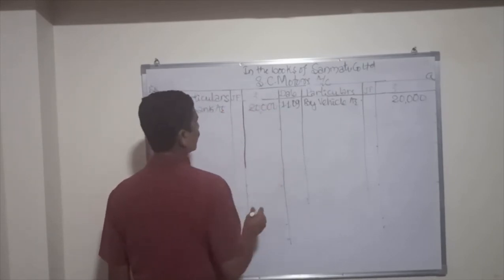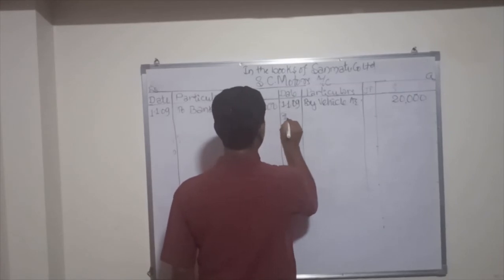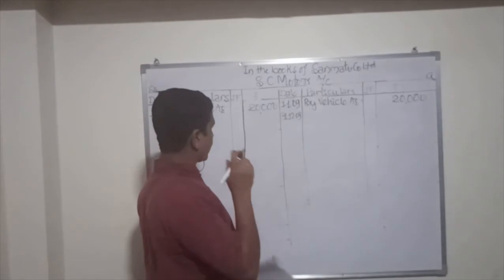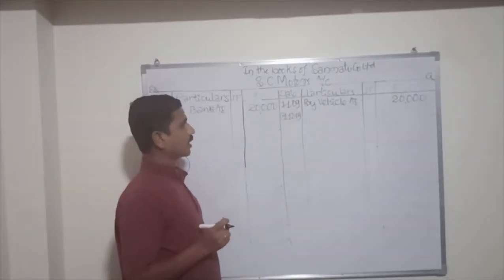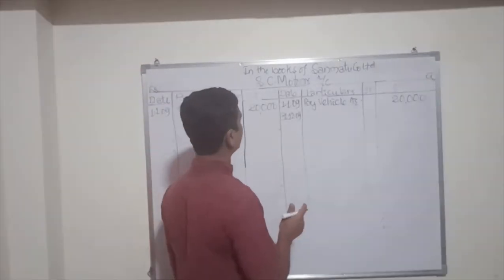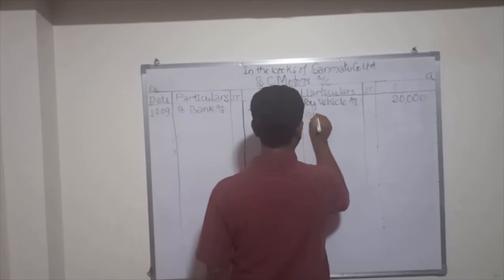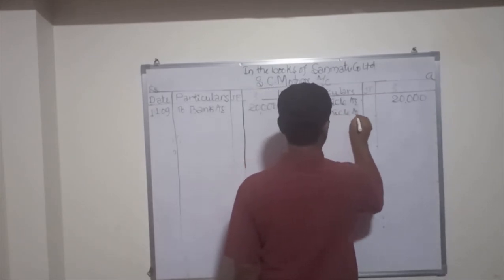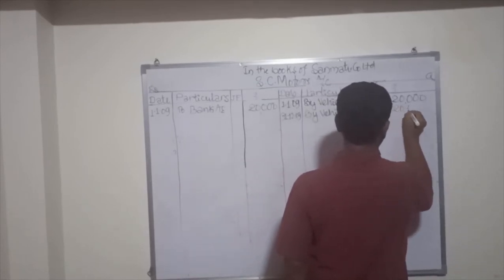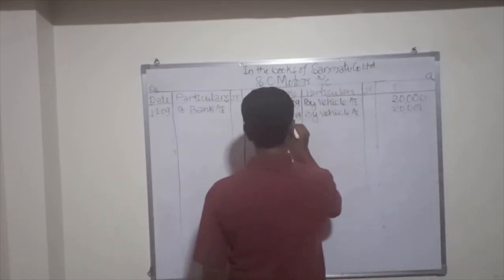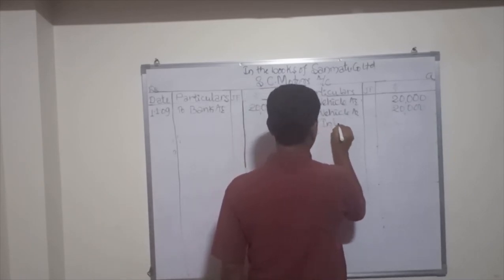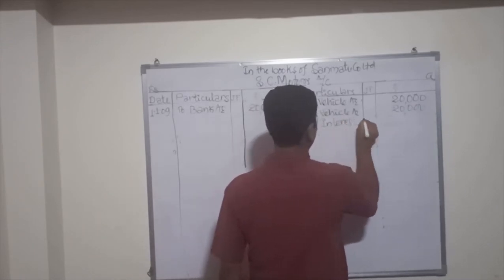To bank account 20,000. The first installment is due on 31/12/2009. Then the entry will be vehicle account debit, interest account debit to SC Motors. So SC Motors is credited by vehicle account 20,000, by interest 16,000.